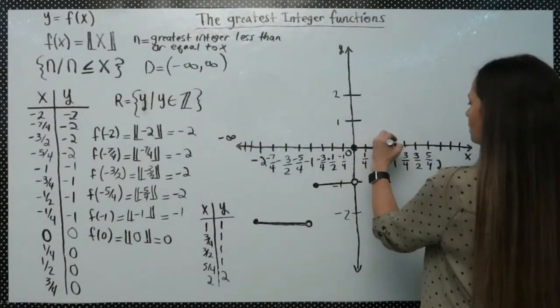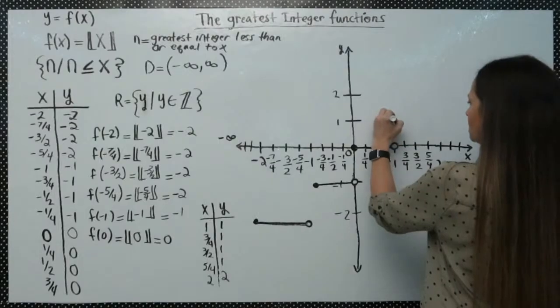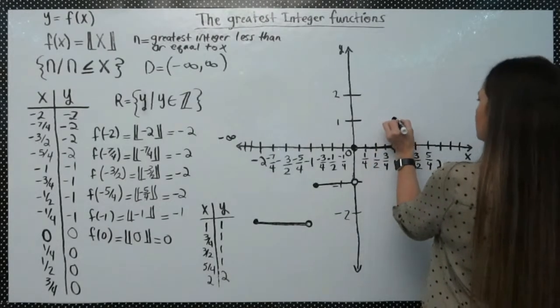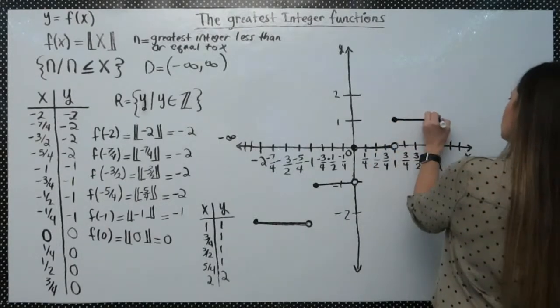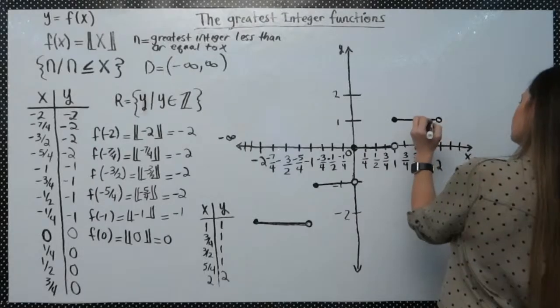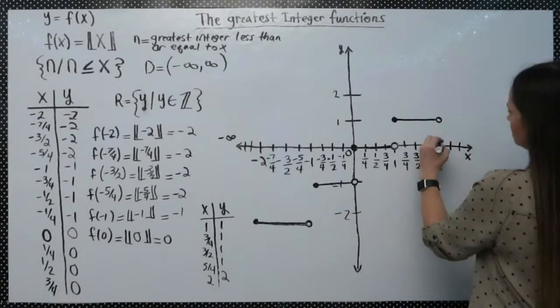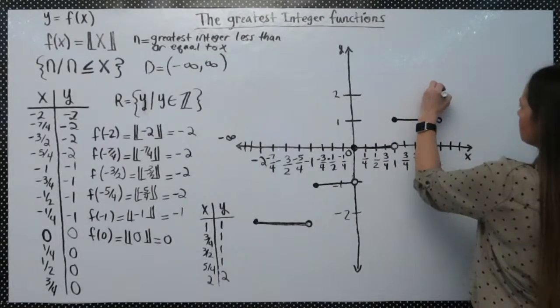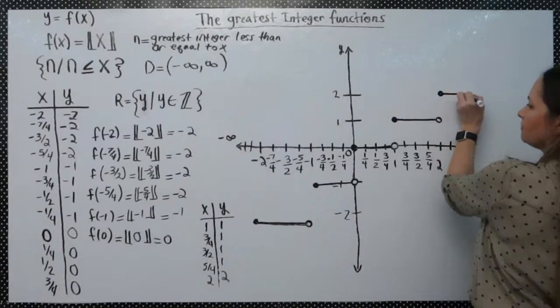And then at 1, comma 1, we have this point that is existing on our graph, going all the way to 2 with an open circle at 2. And then 2, comma 2 is on the graph.